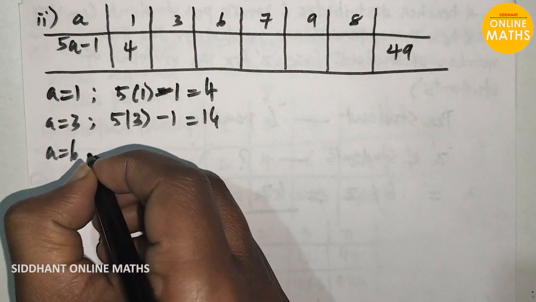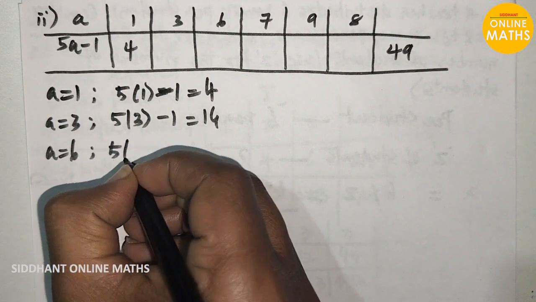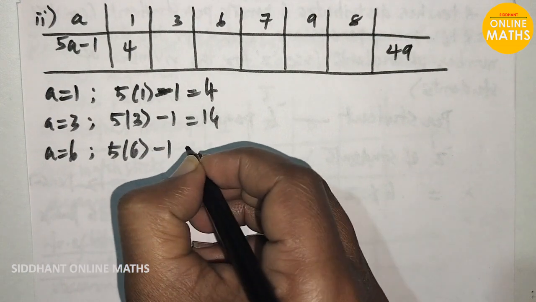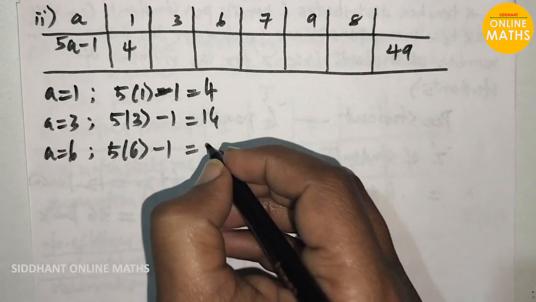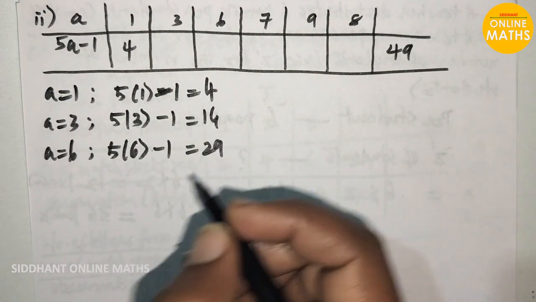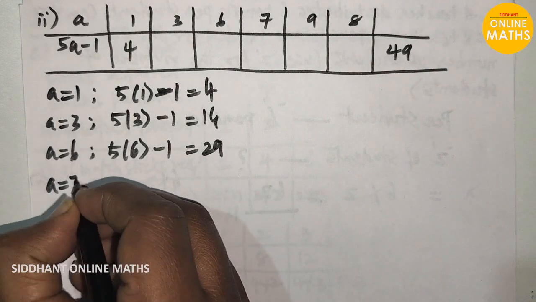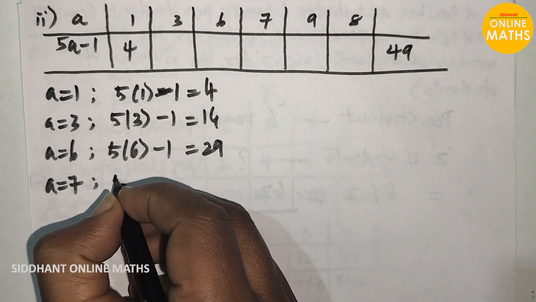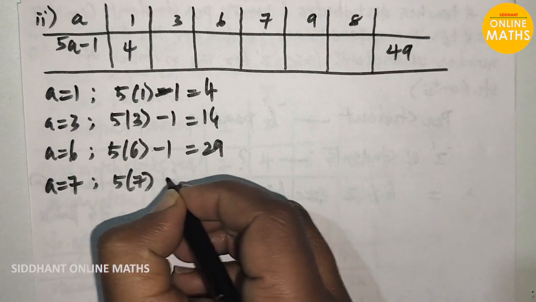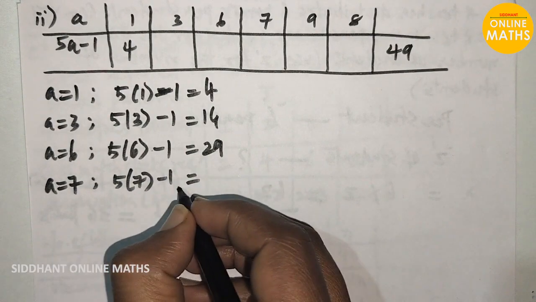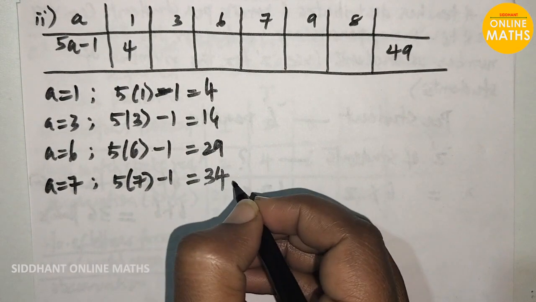If a is equal to 6, 5 into 6 minus 1, that means 30 minus 1, 29. If a is equal to 7, then 5 into 7 minus 1, 35 minus 1, that is 34.